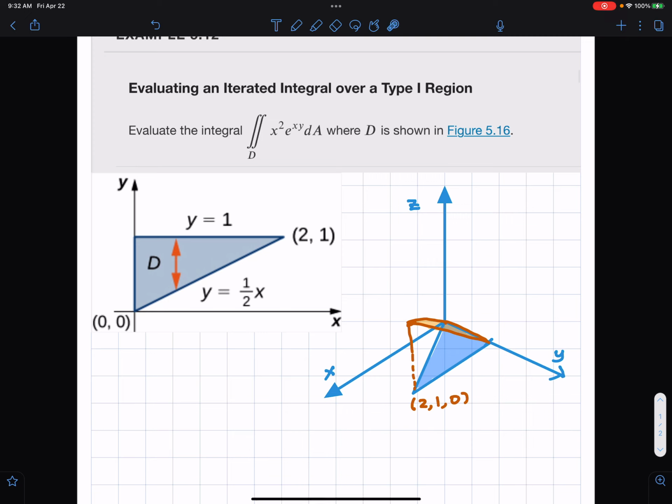But you could plug in to find the point up here, by putting in x is 2 and y is 1, and it looks like I would get 4e squared. This isn't to scale. 4e squared is about 4 times 3 squared, so it's around 36. Anyway, that's without having a picture of this to scale.